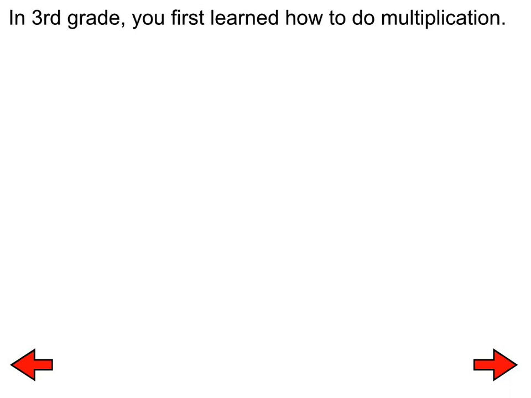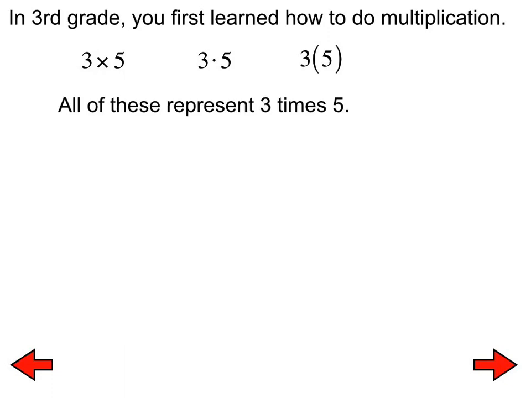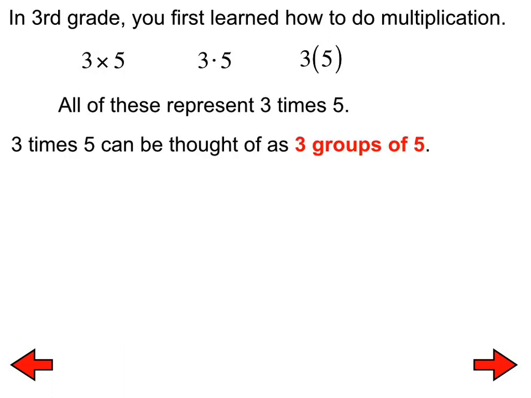All right, in 3rd grade, you first learn how to do multiplication. This means 3 times 5. This is another way of writing 3 times 5 with a dot, and that's a third way of writing 3 times 5. There's always multiple ways of writing multiplication problems, but all of those represent 3 times 5. And 3 times 5 can be thought of as 3 groups of 5.